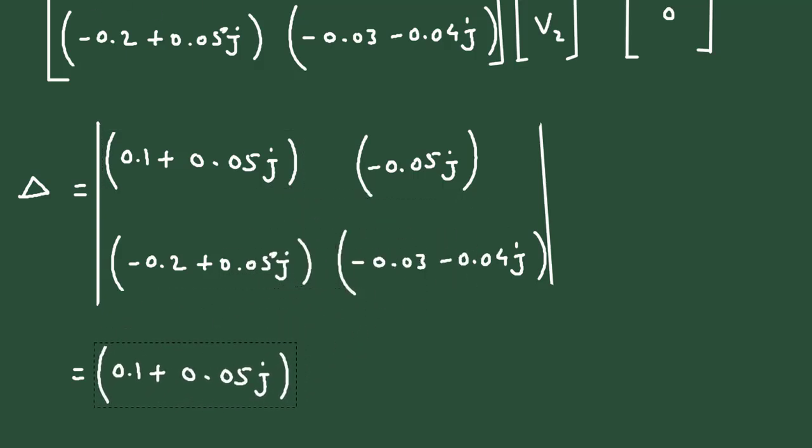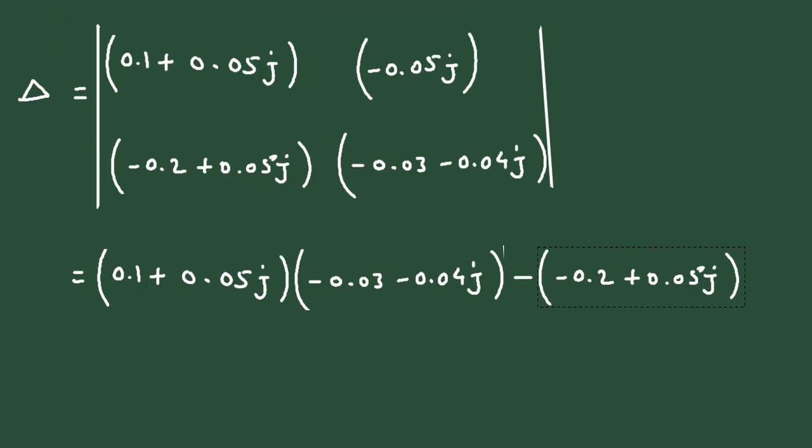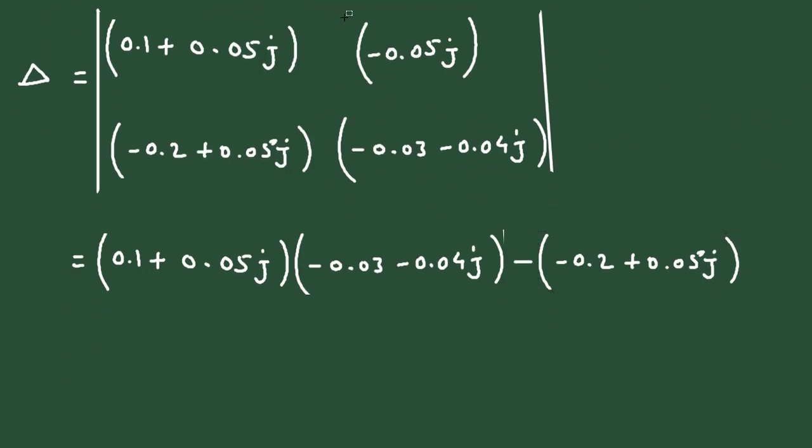So this multiplied with this, then minus this into this.